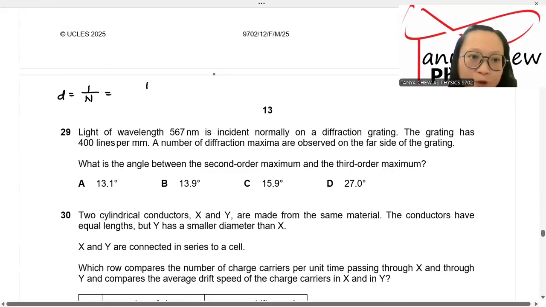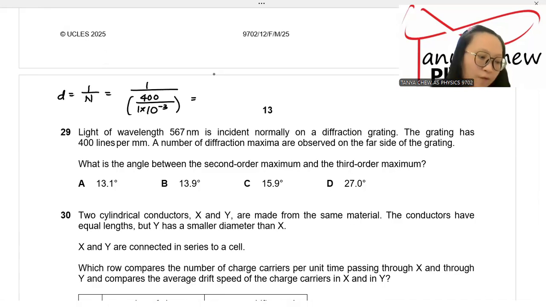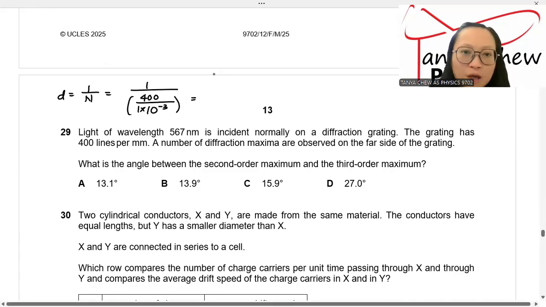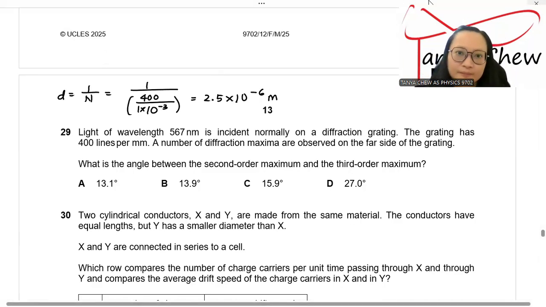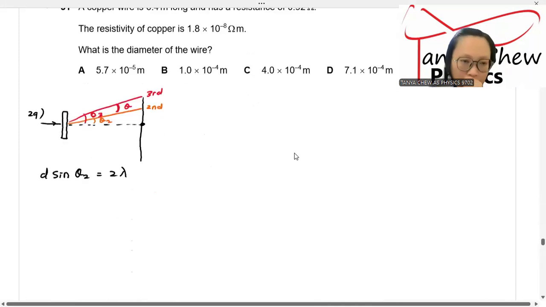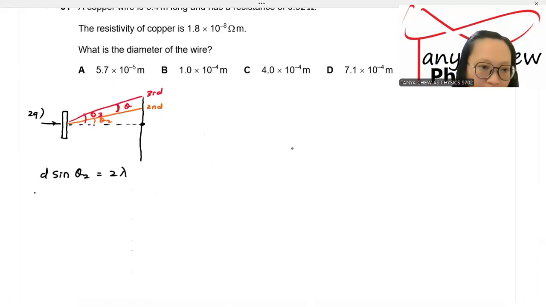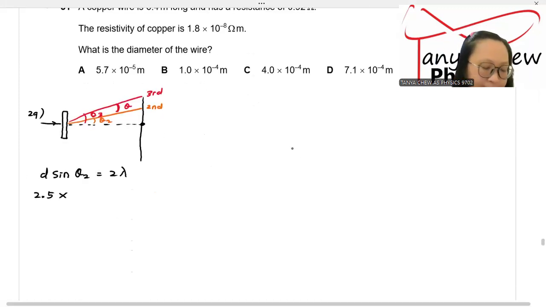So find d: 1 over 400 lines per millimeter. 1 millimeter is 1 times 10 to the power negative 3 meter. So you get 2.5 times 10 to the power of negative 6 meter. That is your d, the grating spacing.